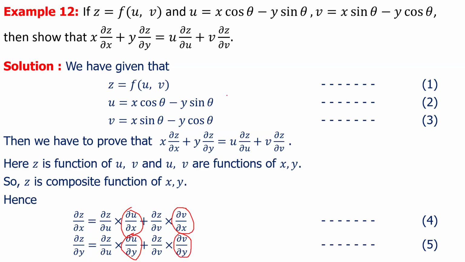With the help of equations 2 and 3, let us calculate these four things, and then substitute all these values in equations 4 and 5. Then we multiply by x and y on both sides and add them, and we definitely get our answer.